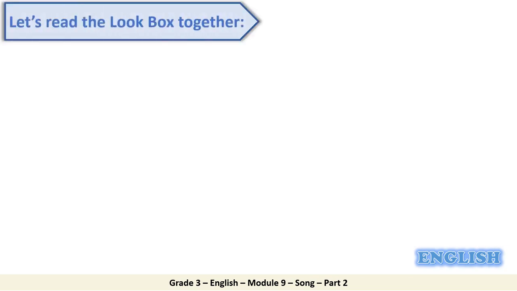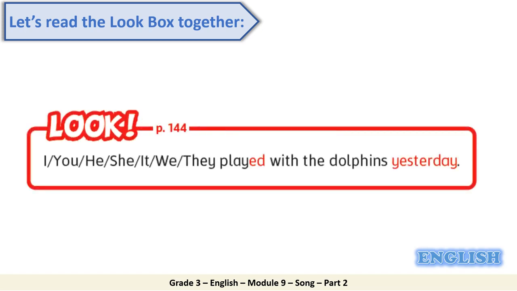Now, let's read the look box together to find out the rule for today. Look at the following example. I, you, he, she, it, we, they played with the dolphins yesterday.